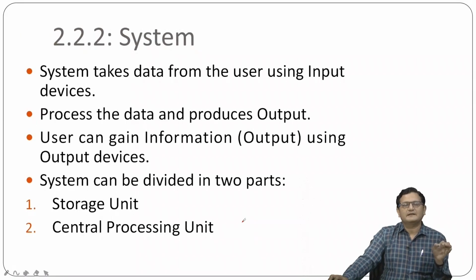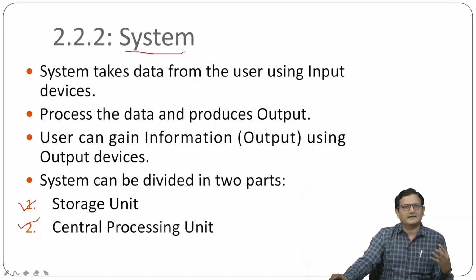Okay, now we'll talk about a system. So as we have seen, if we talk about a system, it mainly has two components, right? The first component is called the storage unit, and the second component is the CPU or central processing unit, right? What is the job of the system? What is the role of the computer system?